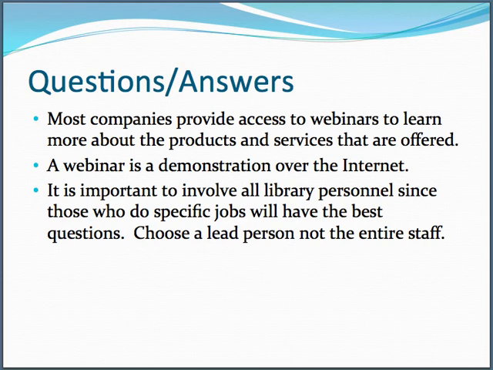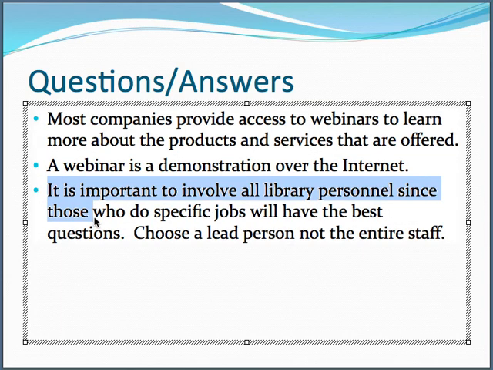It is important to involve all library personnel, since those who do specific jobs will have the best questions.